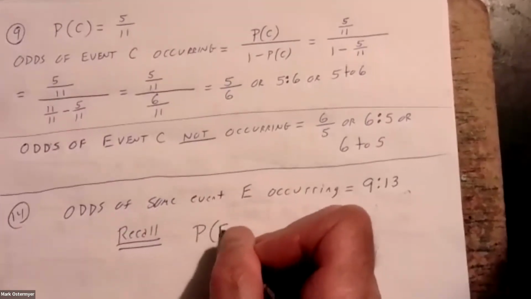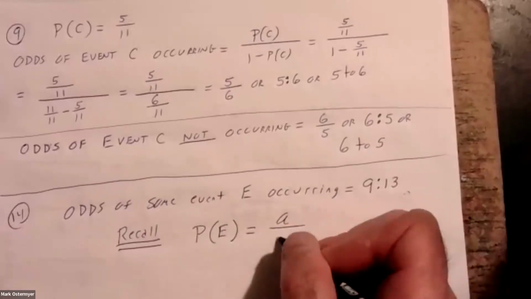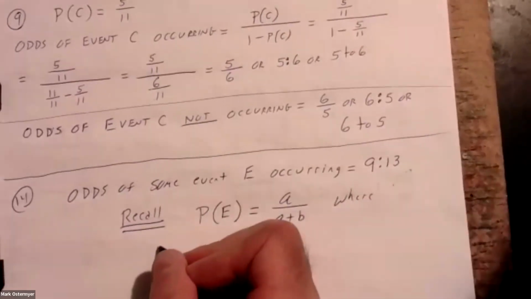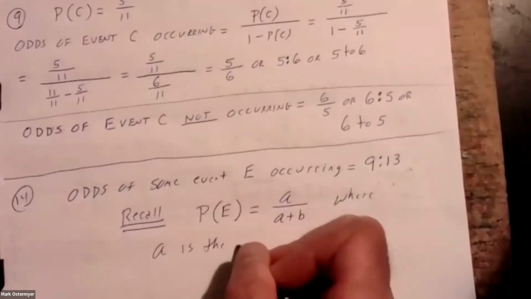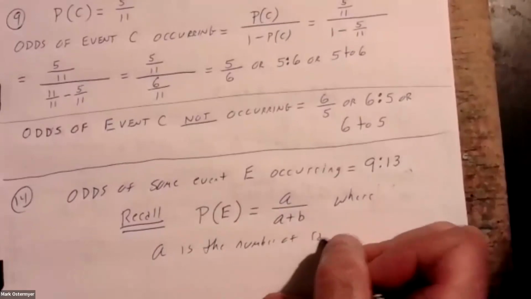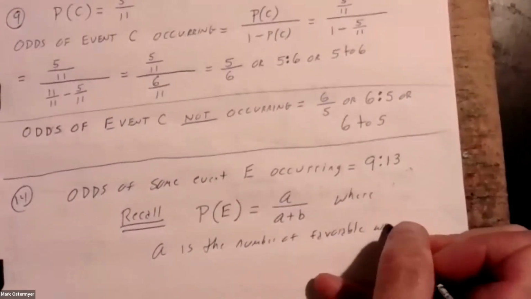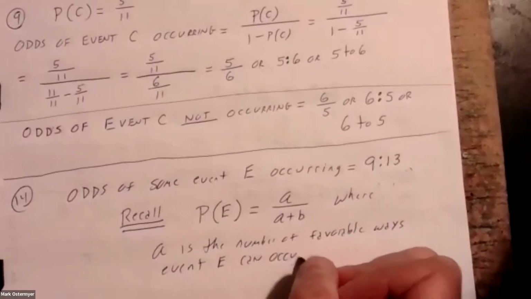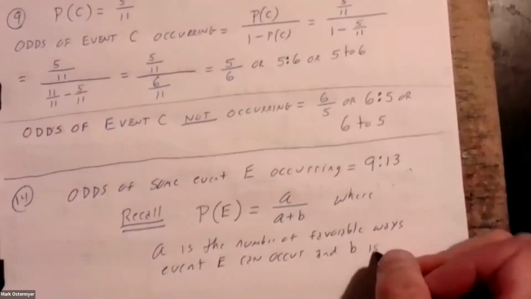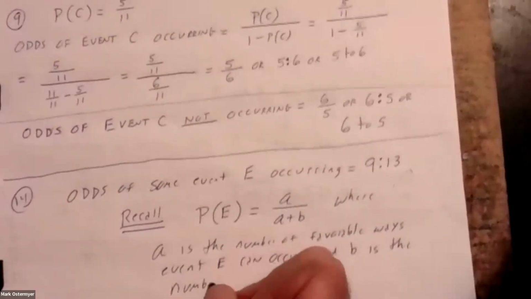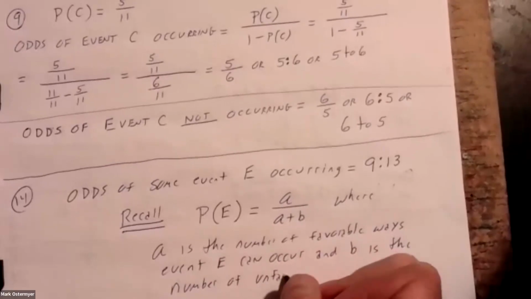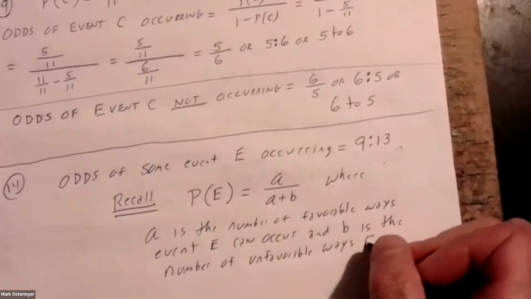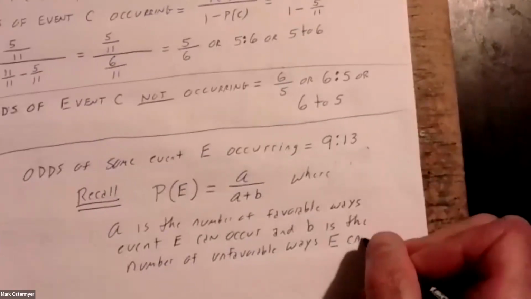The probability of some event E occurring is equal to A divided by A plus B, where A is the number of favorable ways event E can occur, and B is the number of unfavorable ways event E cannot occur.